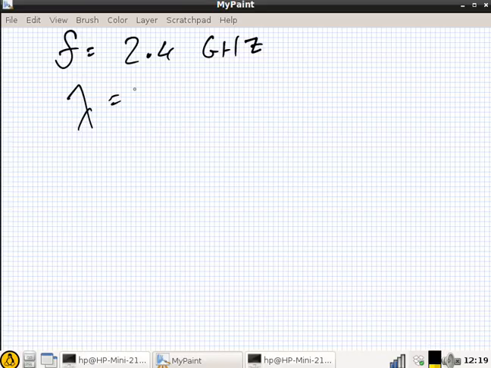So 12.5 centimeters. How many marks for that do you think? 2 marks. That's nice and simple. But you don't get many of those.